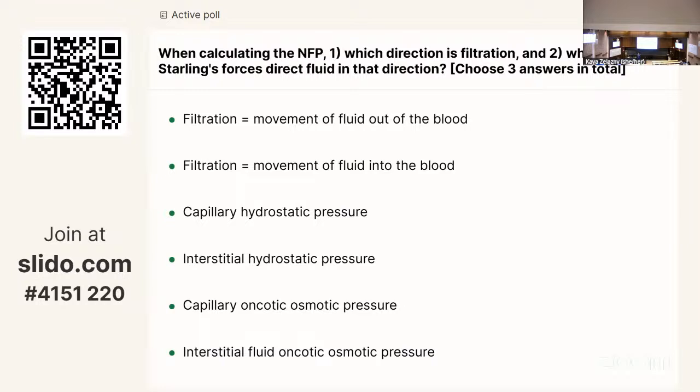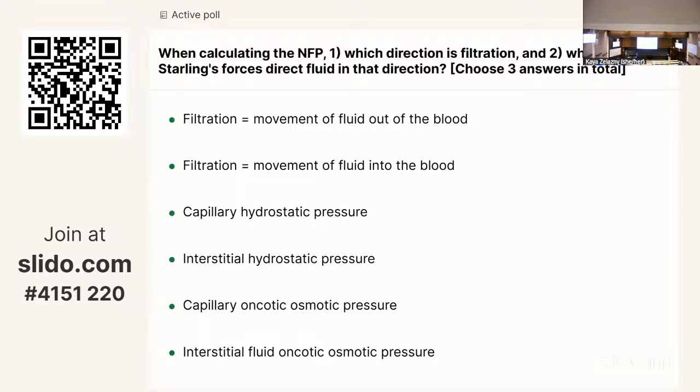So what direction defines filtration? This is our direction word. And we had Starling's forces when we were talking about net filtration pressure. So we had forces that influenced fluid to move towards tissue. We had forces that moved fluid towards blood. We want to tease out what those were as we now think about this specialized process going on in the kidneys.